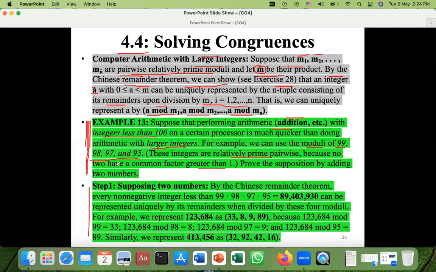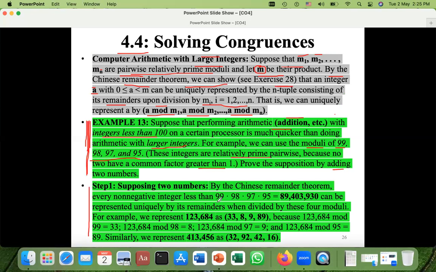So these are the steps. This example says suppose some numbers for addition, and this addition is the arithmetic operation. By the Chinese remainder theorem, we have supposed some moduli from 99 to 95.